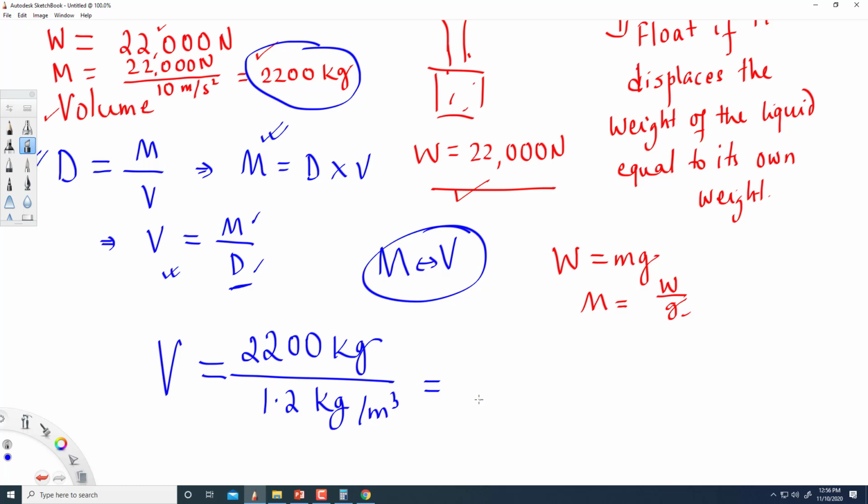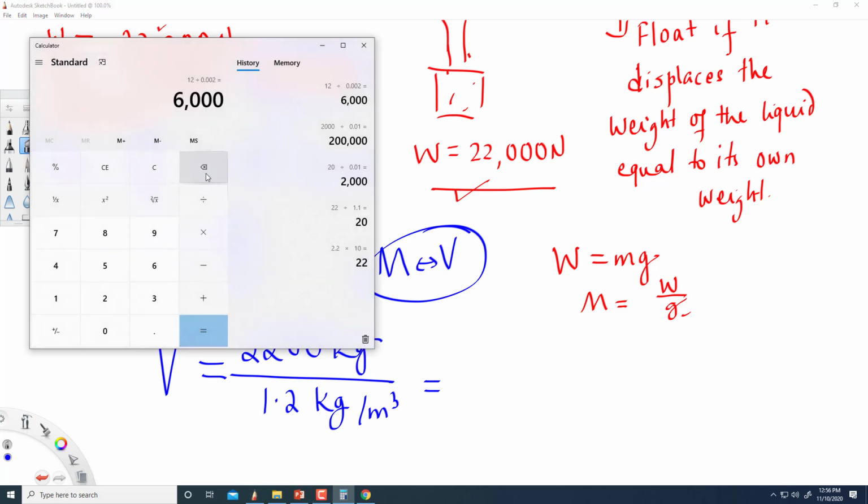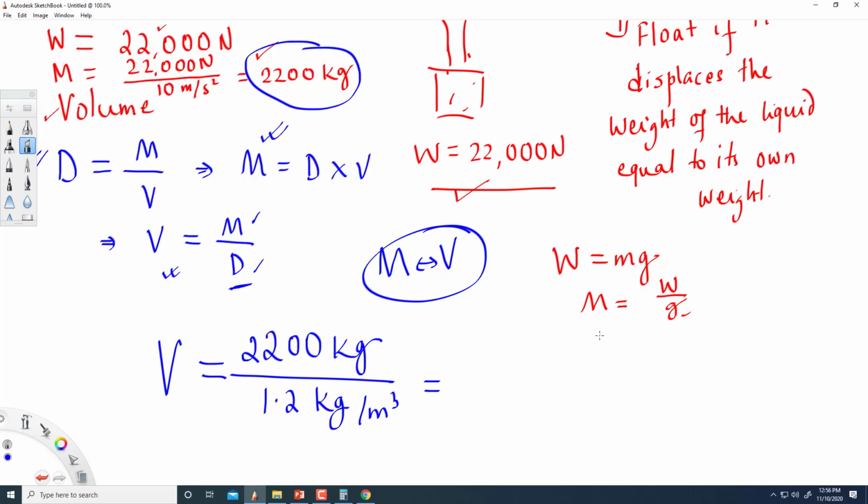Let us do the math. 2200 over 1.2 gives us 1833.33. The unit of volume is, kilogram and kilogram will cancel, so this results in meter cubed.